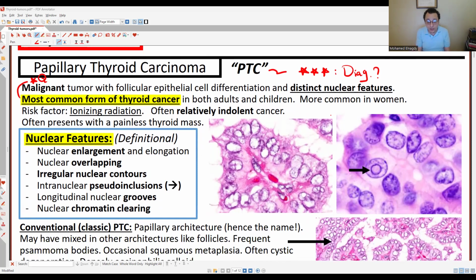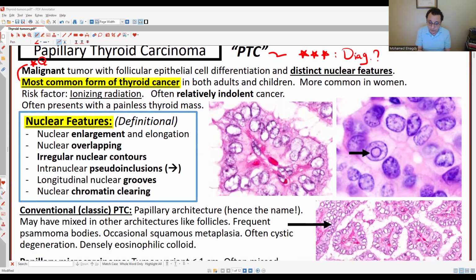PTC, the 3-star diagnosis. You will get a lot of fine needle questions, cytology questions, histopathology questions, everything. And why is it very common in questions? Because it's the most common form of thyroid cancer.